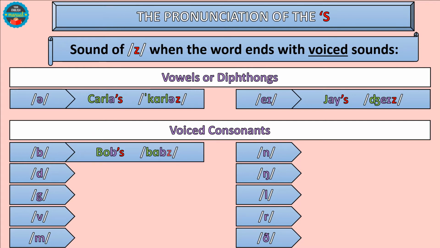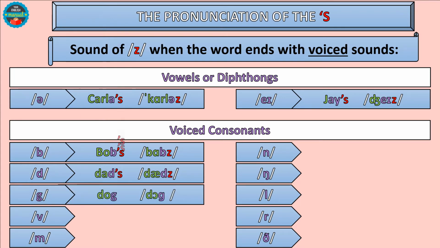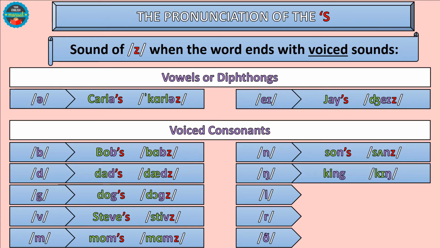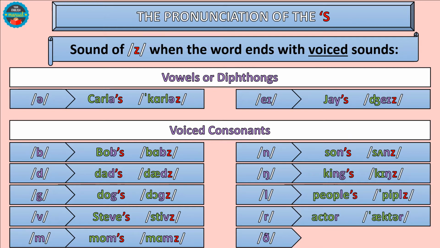Bob, Bob's. Dad, Dad's. Dog, dog's. Steve, Steve's. Mum, mum's. Son, son's. King, king's. People, people's. Actor, actor's. Tithe, tithe's.